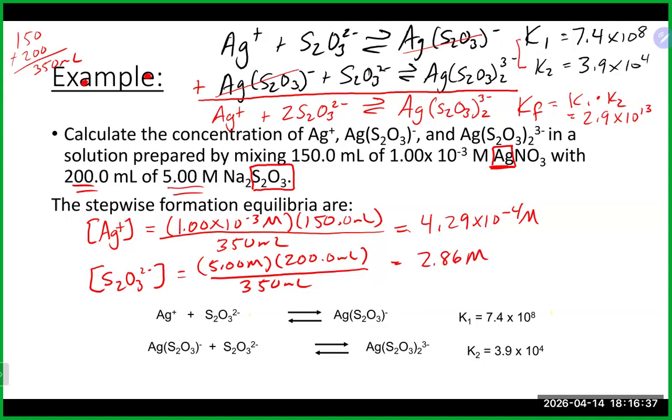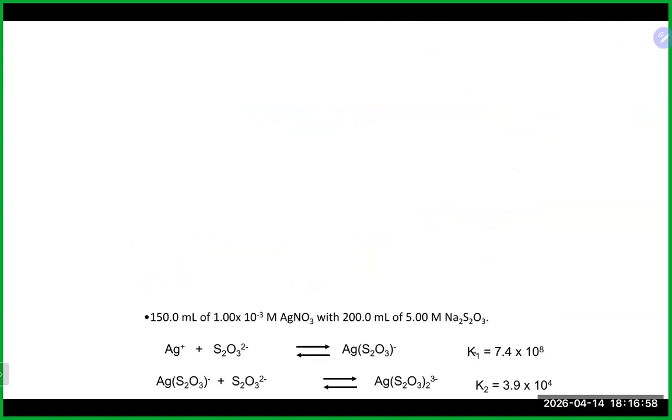All right, now that we have the overall reaction and we have the concentrations of each of them, we could start getting to solving for some of this. In this situation, we are looking for the concentration of everybody. There are multiple ways you could get there, so let's take a look at a good way.